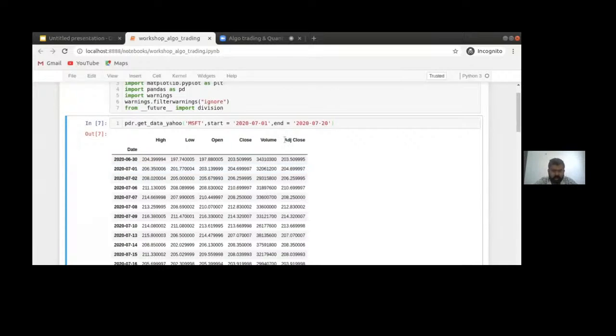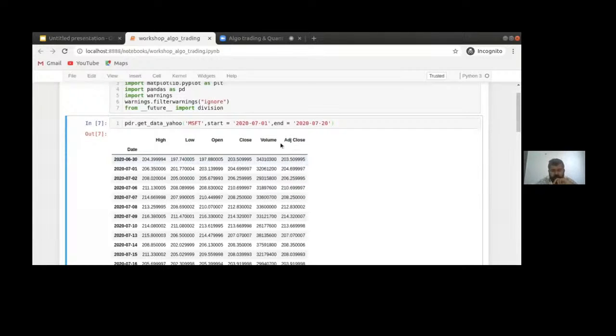So this adjusted column takes care of that. It makes sure that whatever corporate actions were done in the past are taken care of, and the price is uniform, with no random jumps because of corporate actions.